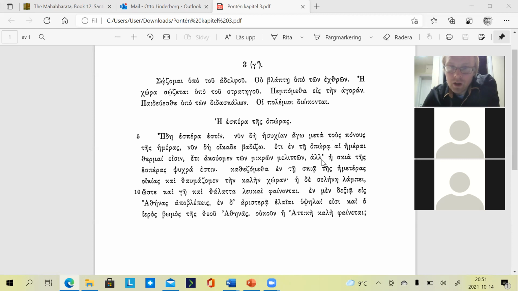And then we have this all, which means alla, but the last alpha has been elided away because the following word begins with a vowel. That's why it's all instead of alla. But alla means but. Alla he skia. Yes, the shade of the evening is chilly.